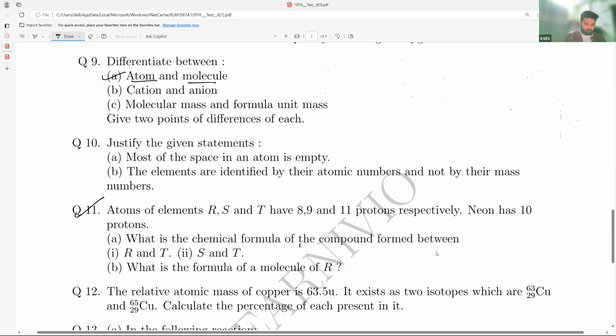Anions are the ions which have negative charge, and in a chemical reaction, anions gain an electron.